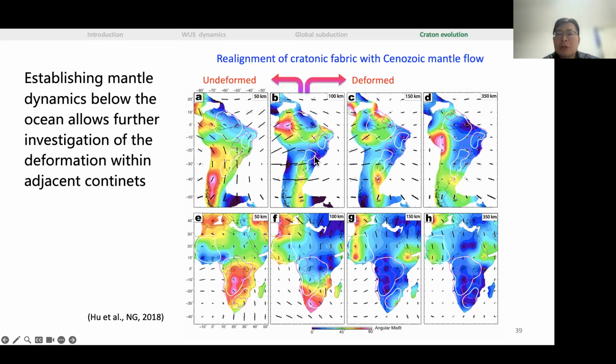We basically argue that 100 kilometers is a depth where the upper lithosphere and lower lithosphere decouple. Because the good correlation at the deeper depths means that the Craton at this depth is reset, right? It's deformed at least.